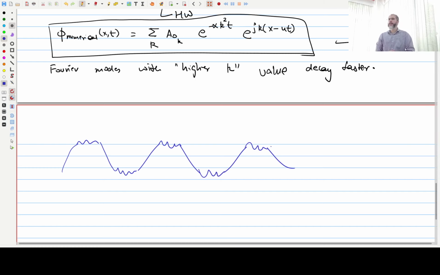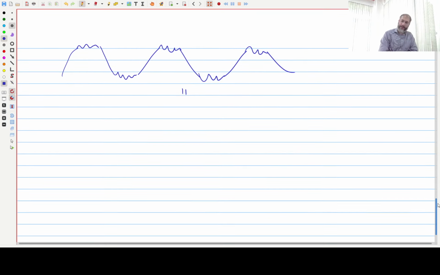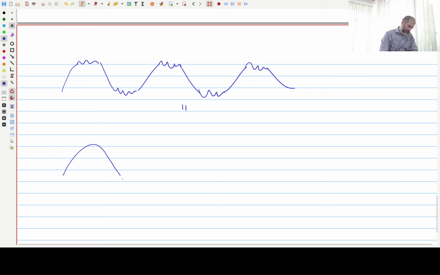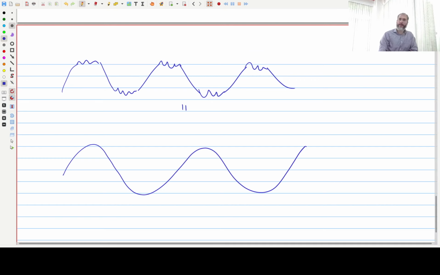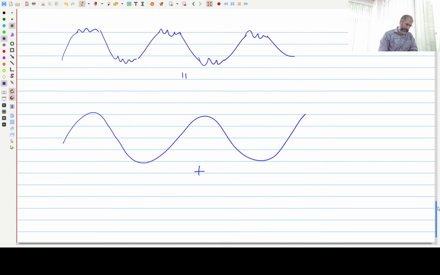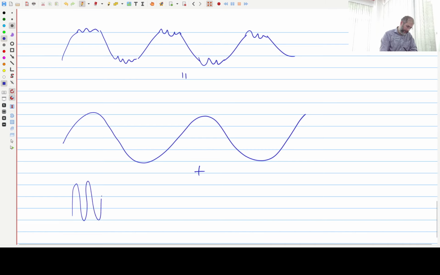For some reason. Now this solution, if you were to write as a Fourier series, would contain two prominent k values. One is the smaller wave number, or the larger wavelength, and the other is the larger wave number, which is this one.